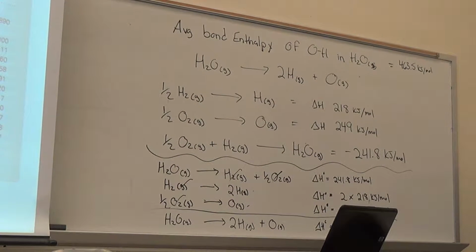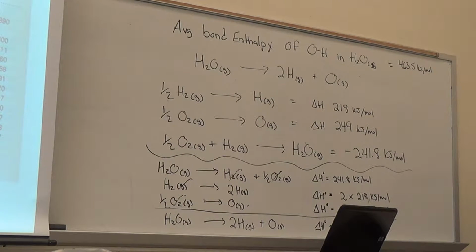Okay, so let's look at one more thing. So we said that we can take these reactions that proceed very quickly to completion, and we can measure the enthalpy changes for those reactions, and then we can sum those reactions and end up formulating all of these standard enthalpies of formation from the elemental precursors.